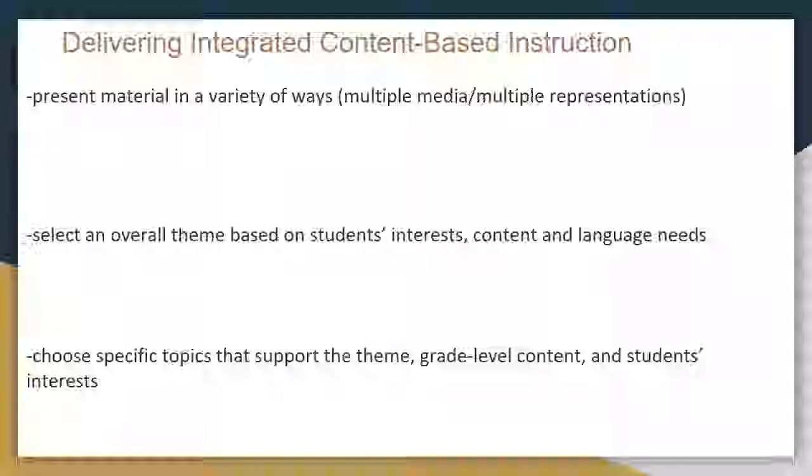It's important in the content-based instructional method that teachers present material in a variety of ways. And so when teachers are giving instructions, not only are they representing what they're teaching through visuals, they could be providing multiple media or multimedia opportunities through short video clips that are educational, or they'll also just have different varieties of activities so that students see the content in various ways.